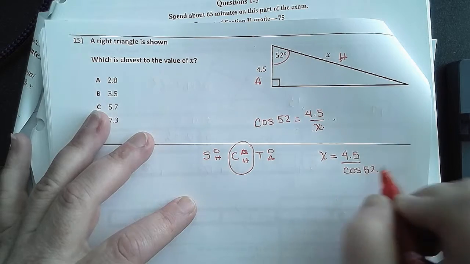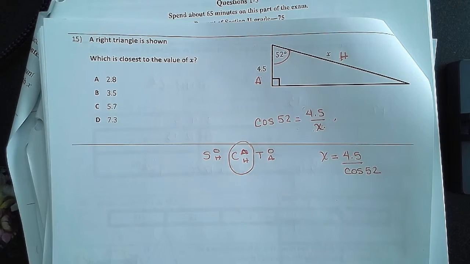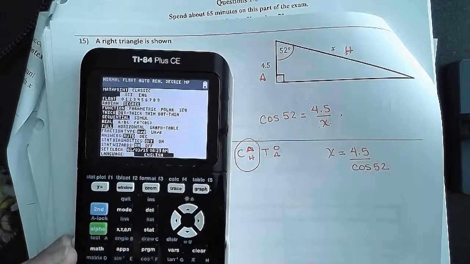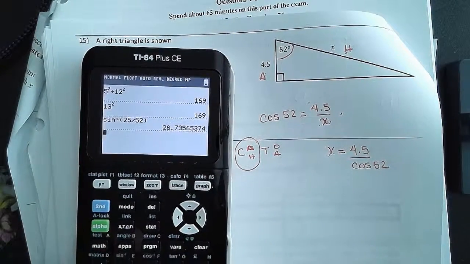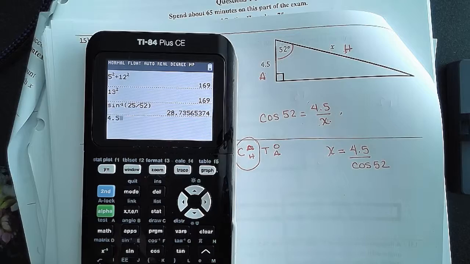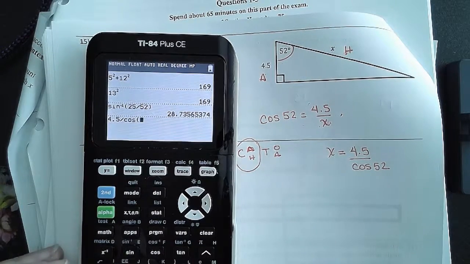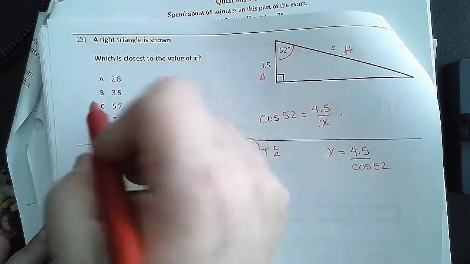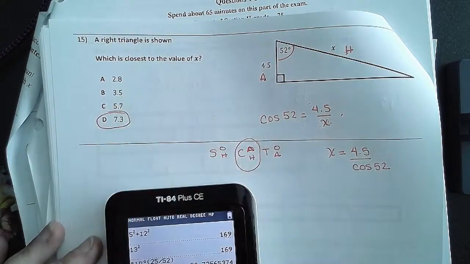So that's what I plug into my calculator. Again, making sure that I'm in degree mode, I'm going to do 4.5 divided by the cosine of 52. That gives 7.3, and there we go. Hopefully that makes sense.